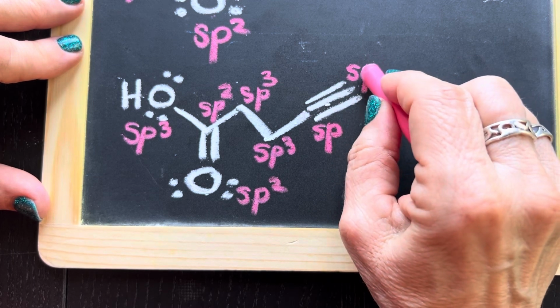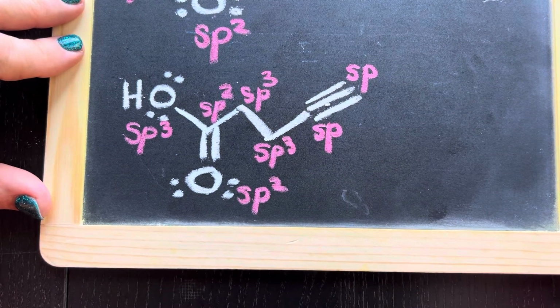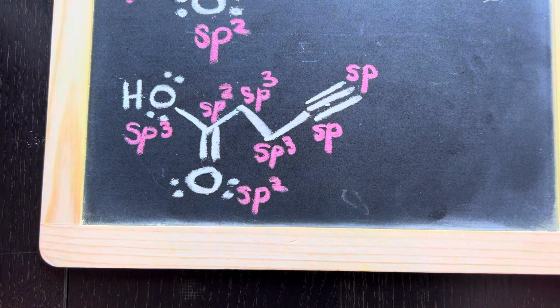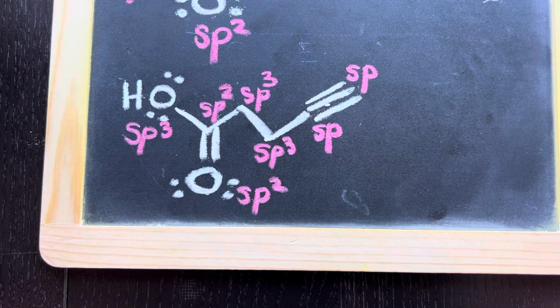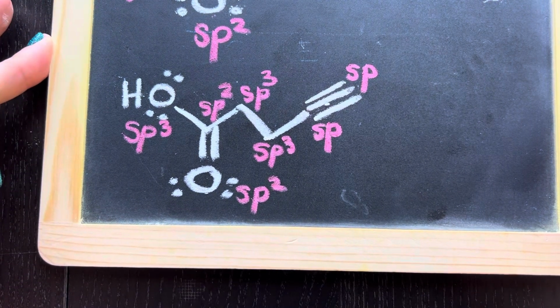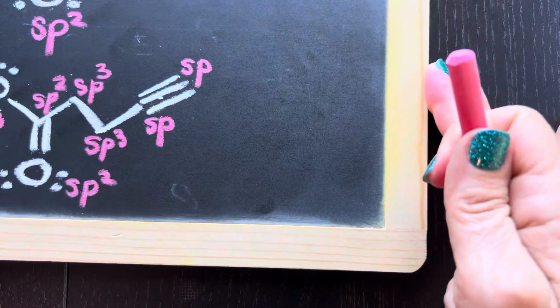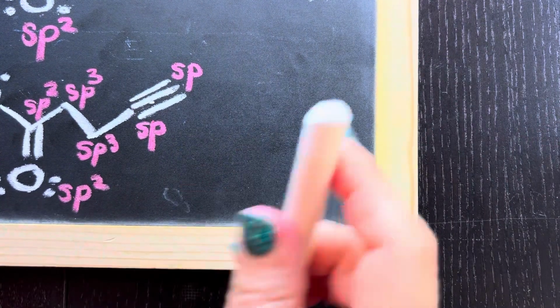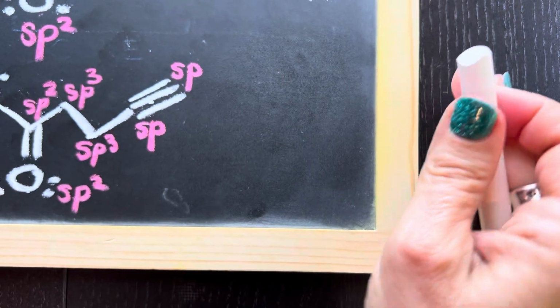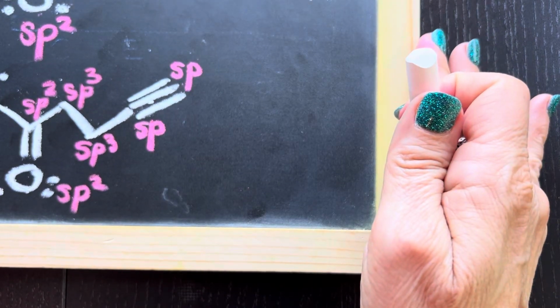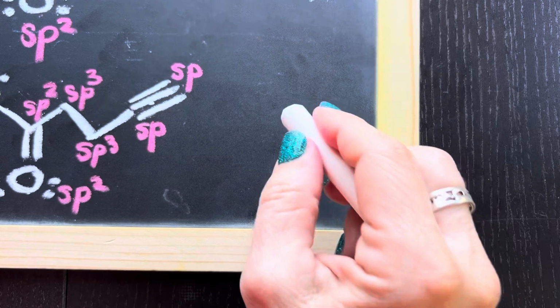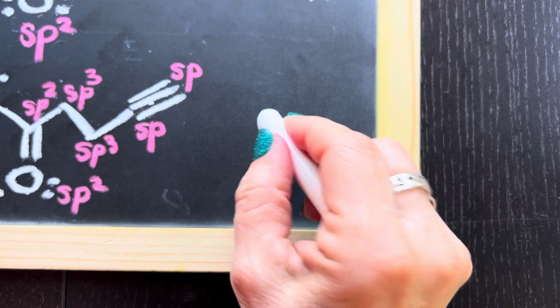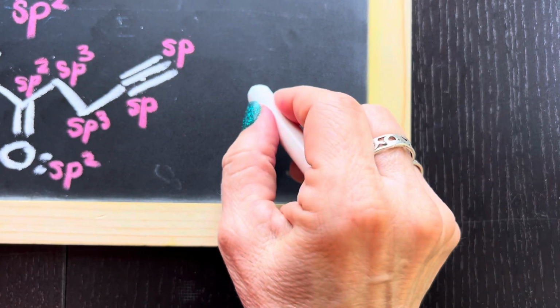And I wanted to show you also that you don't always have to have a triple bond to see sp hybridization. A very iconic example of that is CO2. So let's start here.